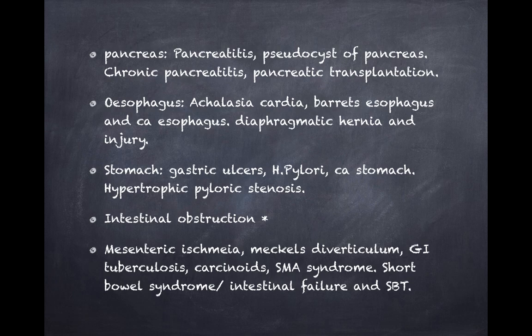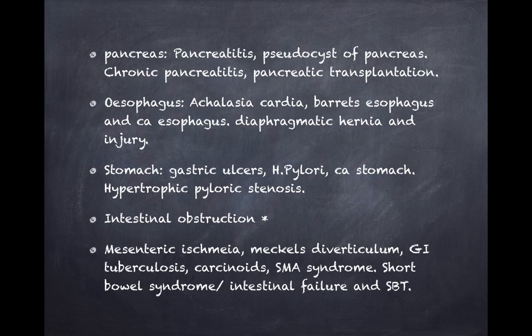Then coming on to the stomach, the most important topic is gastric ulcer. It could be a benign ulcer or a malignant ulcer, hence studying the features of gastric ulcers is extremely important. Then H. pylori infection, how to detect the infection and how to treat it.